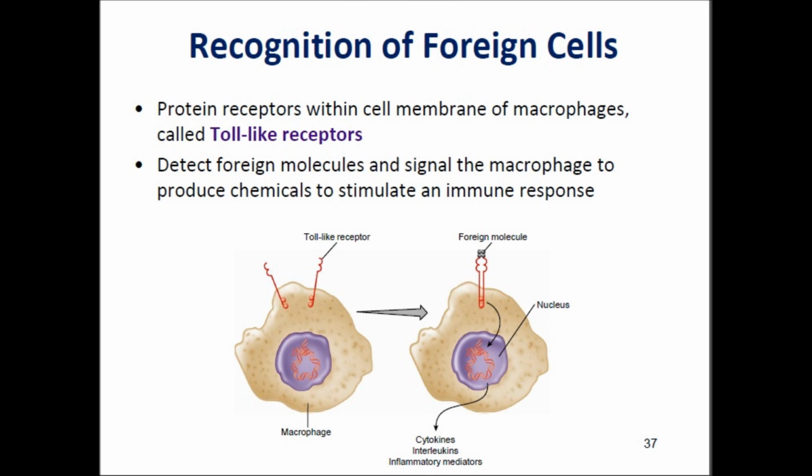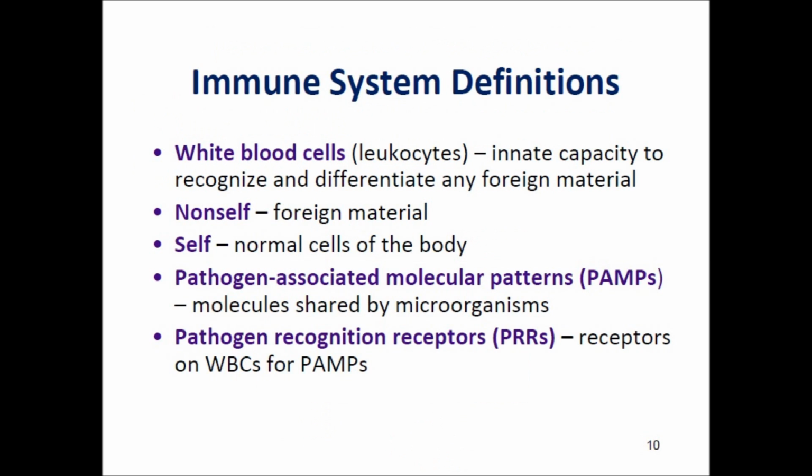So I already introduced some of those receptors. Keep in mind that even in viral cases, you learned how microbes have specific proteins that are different from ours, and so we recognize them as foreign because they have these pathogen-associated molecular patterns.